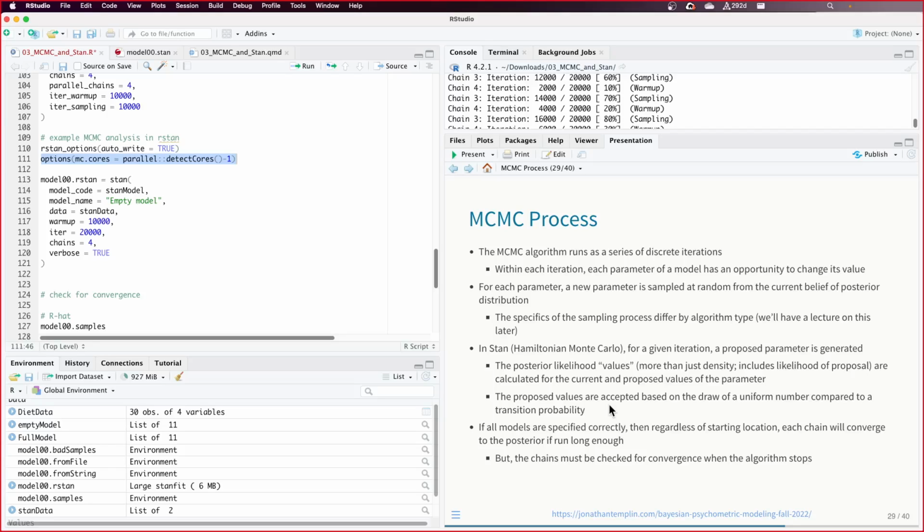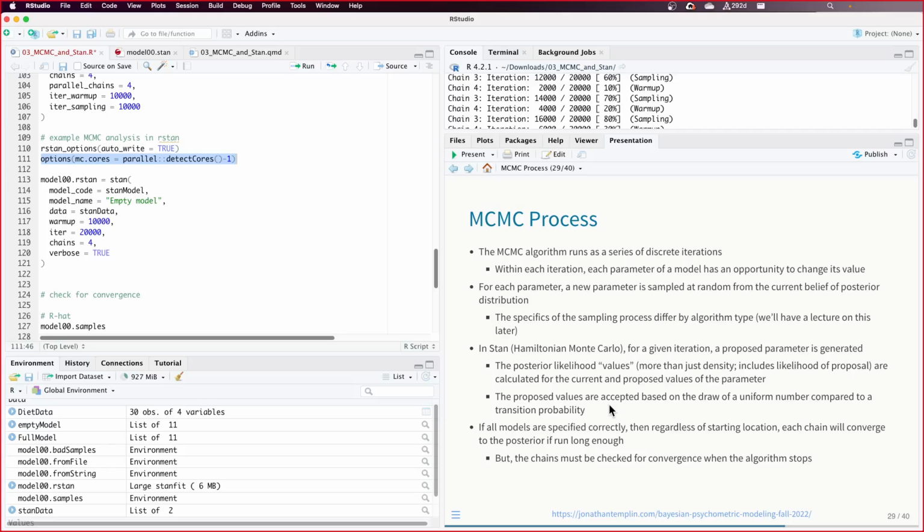So for each parameter, within Stan at least, a new parameter is sampled at random from the current belief of the posterior distribution, of what we believe the posterior distribution to be at that point. Now, this process differs by the type of algorithm, but we don't need to worry about that. Just know in Stan, which uses Hamiltonian Monte Carlo by default, for each iteration, a proposed parameter gets generated.